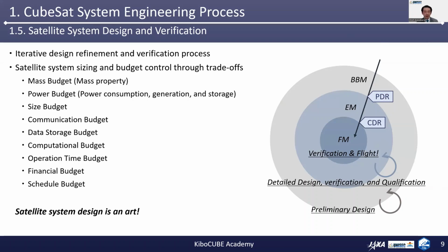As I mentioned, the detailed design process will be followed by the critical design review, and then according to the critical design, you can finalize the flight model design. Finally, the flight model is manufactured based on the finalized design, followed by verification before the flight model can finally be launched.